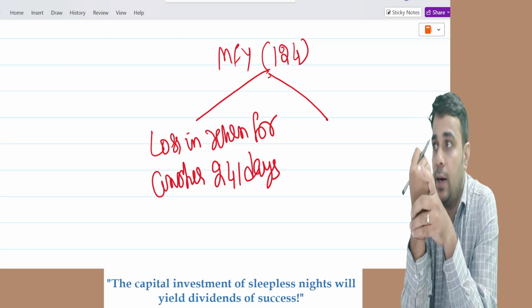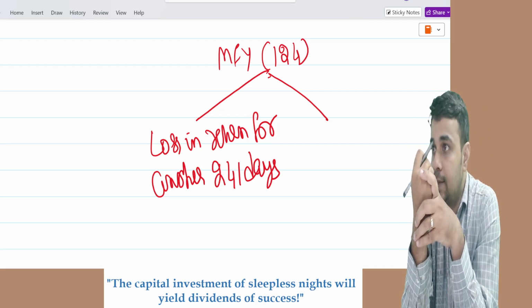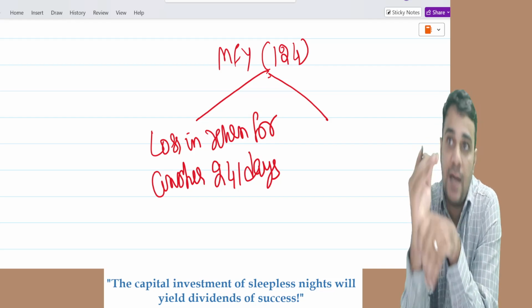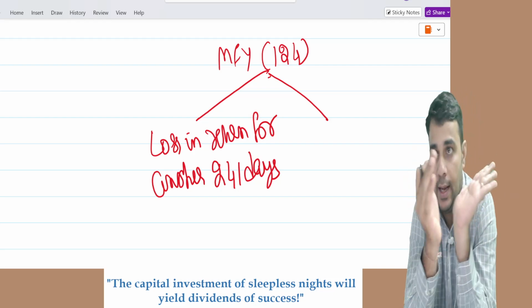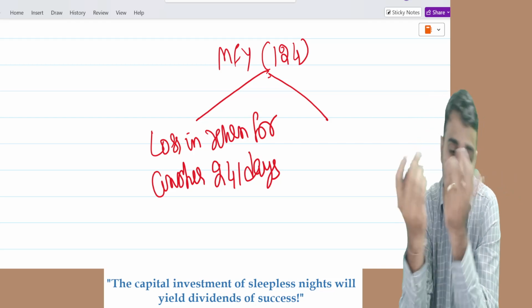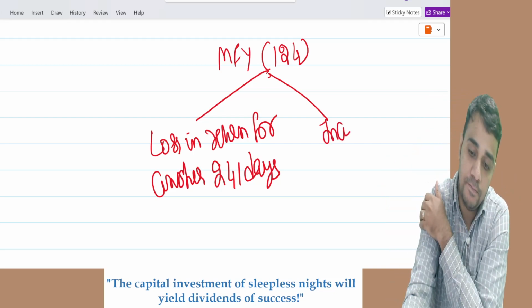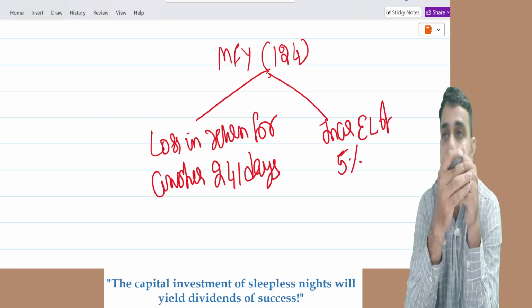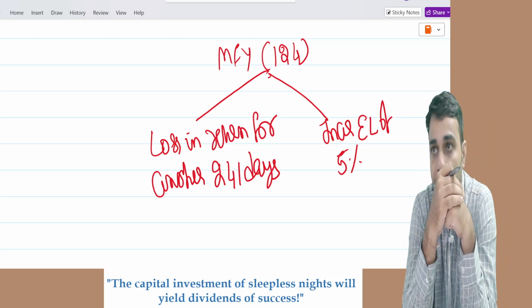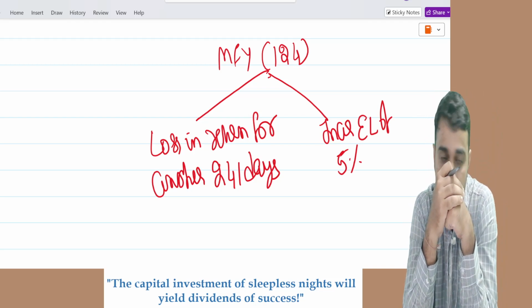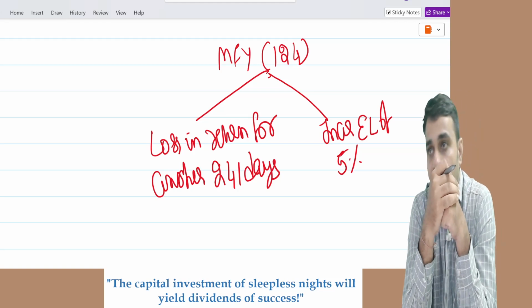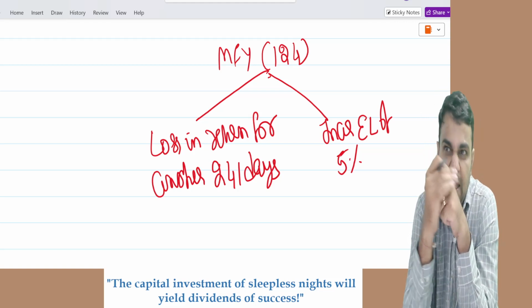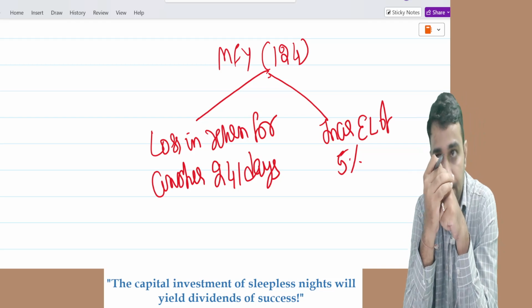If another 241 days passes by, exit load is removed. Other option is incur exit load of 5%. Your choice, okay? You can incur exit load of 5% or play a waiting game, but waiting is for a longer period, 241 days.